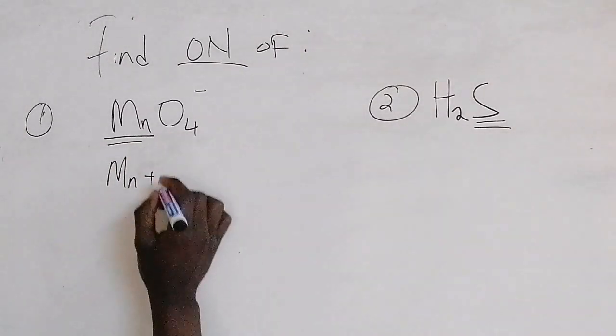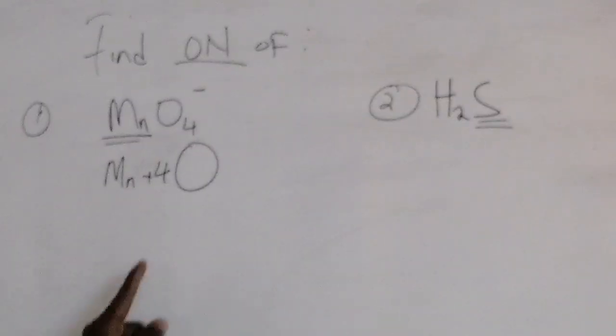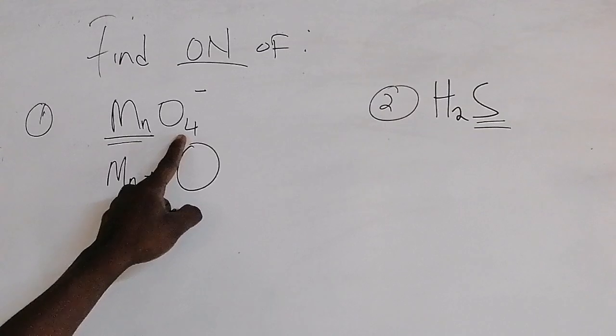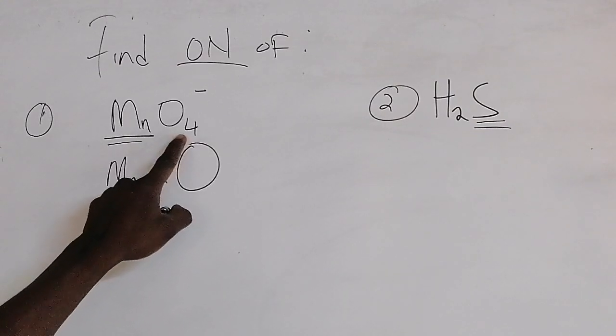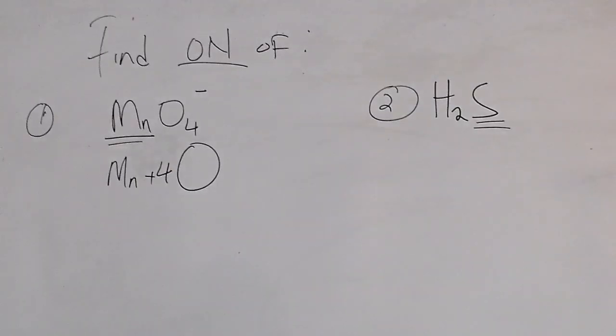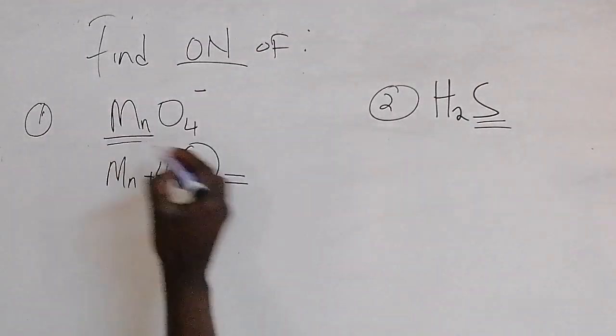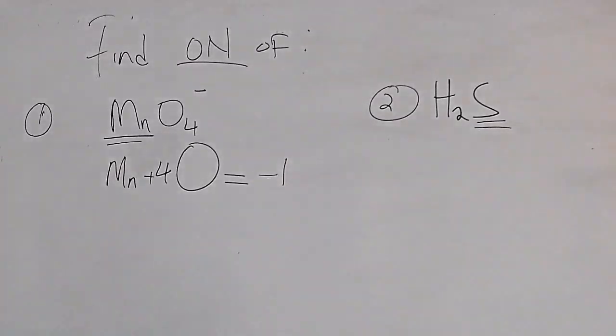We have 4 oxygen atoms, so I write 4 oxygen atoms. It means that I took the subscript and made it the coefficient. Then I equate it to the net charge. The net charge is -1, since we have a negative as an exponent of the whole compound.